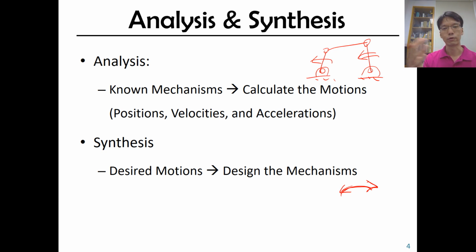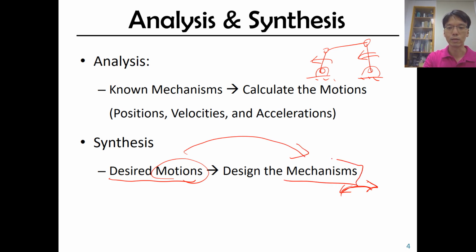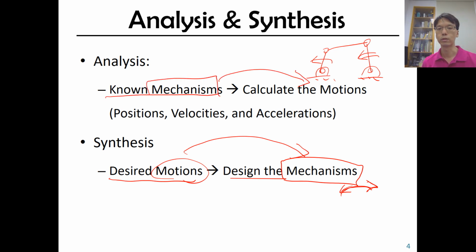So if a problem is this type of problem, we call it synthesis. So synthesis is we know the motions, we find the mechanisms. Analysis is we know the mechanisms, then we find the motion. You can see they are reversed. And in this course, we'll mainly focus on analysis. But in the cam and follower part, it's more like a synthesis problem.